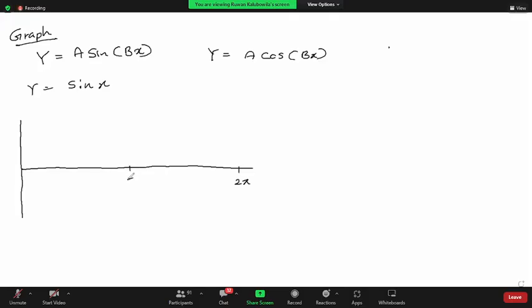Right, now give me the answer for this question. What are the values that can be got for the y? That means the maximum and minimum value for this. It's a sine curve.